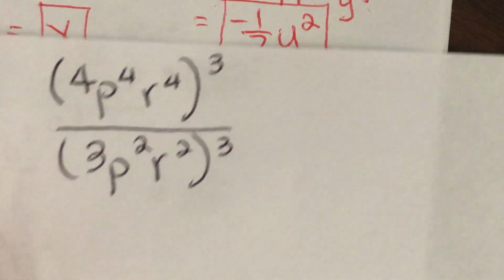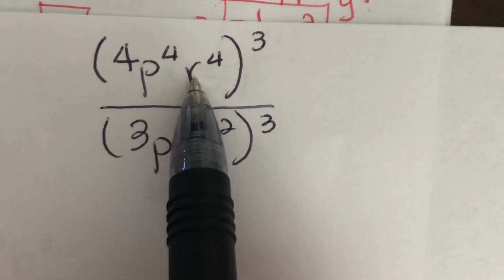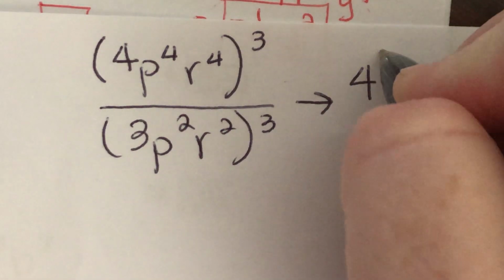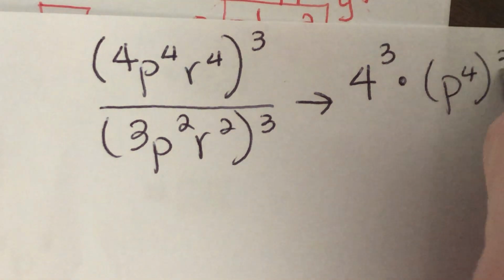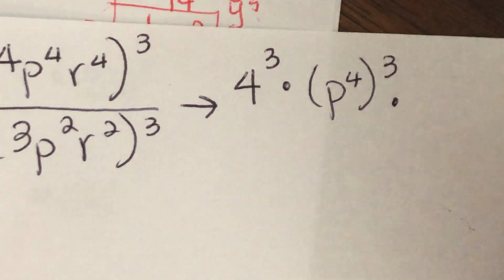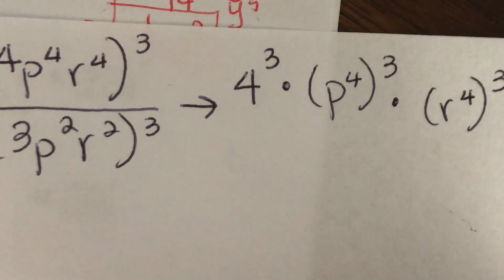Now I can simplify more. So now I'm going to distribute this 3 to all 3 factors in the top. So it's going to be 4 to the third times p to the fourth to the third times r to the fourth to the third. Right?